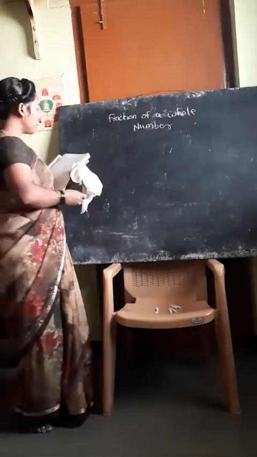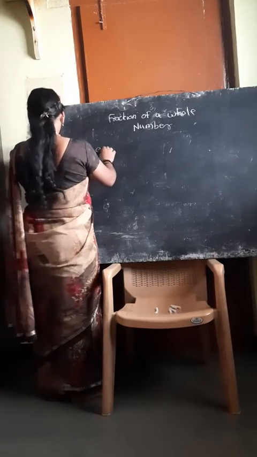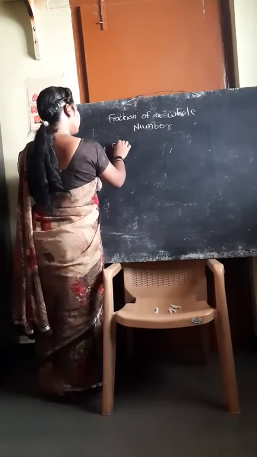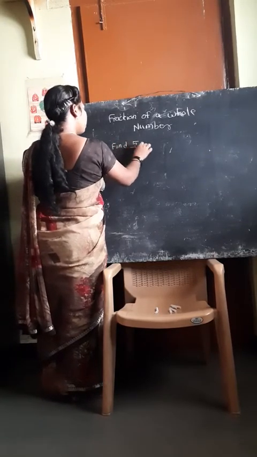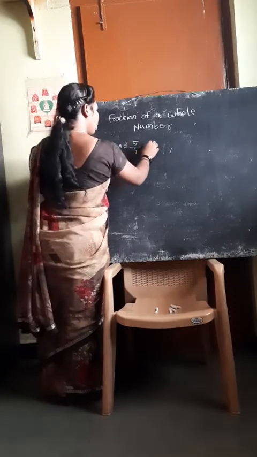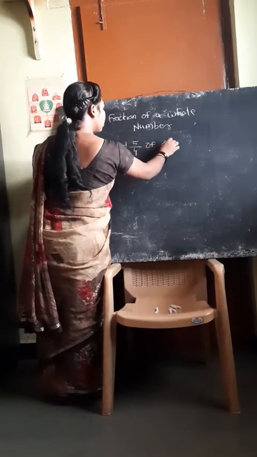For example, the first example is find 5 upon 4 of 40.